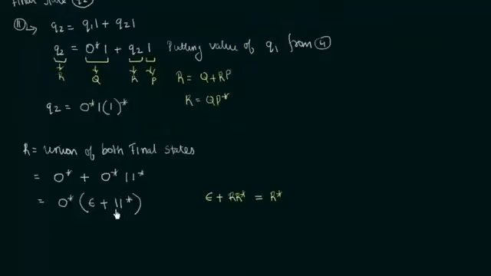So if you treat 1 as a regular expression R, this whole thing can be written as 1 star. So we get 0 star 1 star from this identity that we have already studied. When we perform the union of both the final states, the resulting regular expression is the required regular expression for the DFA.